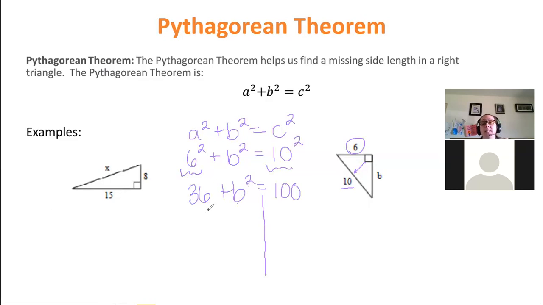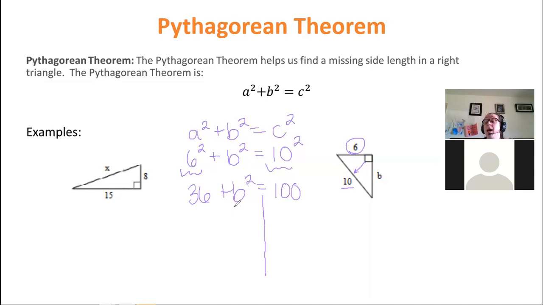What do you guys think? What's the opposite of that positive 36 there? Solving an equation. It's like a one-step equation, kind of. Because we want to get that b by itself.